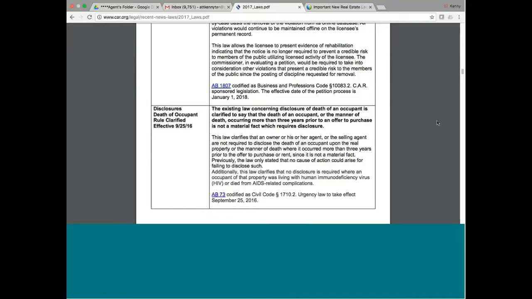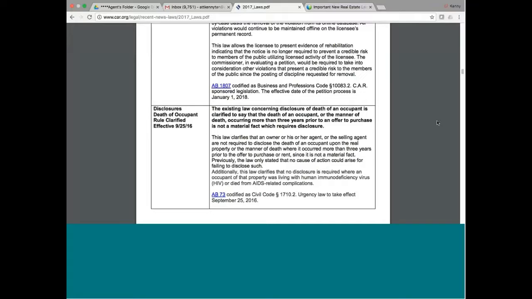So this is the new law, and this one actually has been effective since September 25th, 2016. It says existing law concerning disclosure of death of an occupant is clarified to say that the death of an occupant or the manner of death occurring more than 3 years prior to any offer to purchase is not a material fact which requires disclosure.